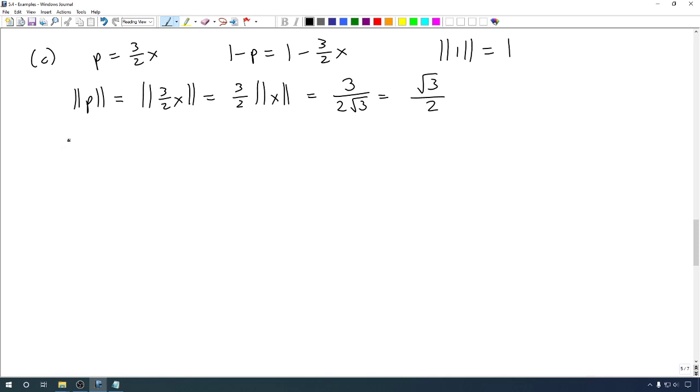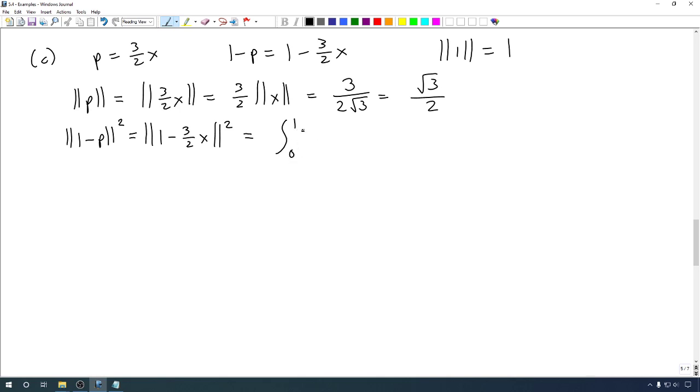That's the easier one. The other one we're not going to be able to do the same kind of trick with. I'm going to go ahead and square this because we are going to have to use our integral definition. We're taking the norm of 1 minus 3/2 x, and we're going to have to use our integral formula for that.